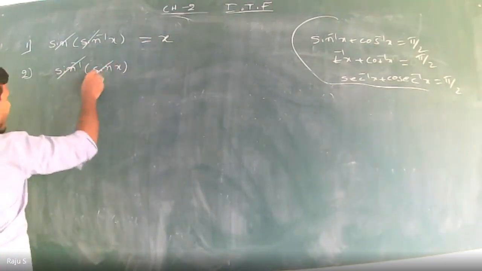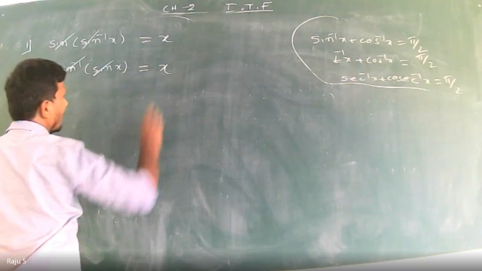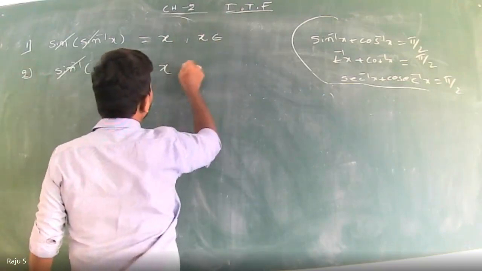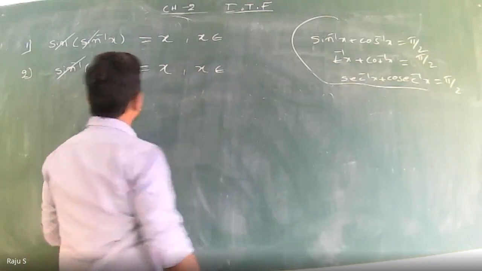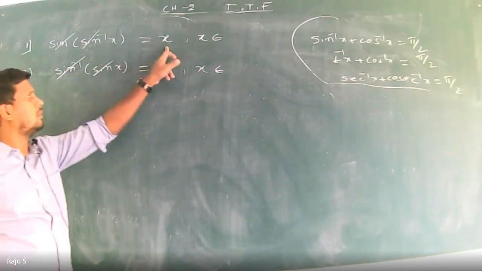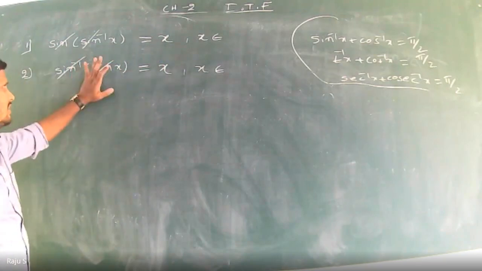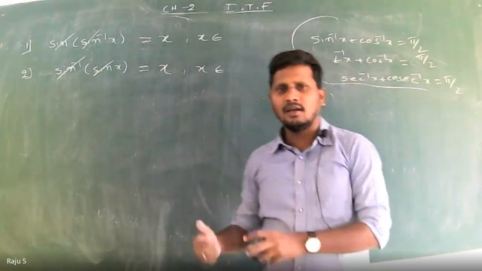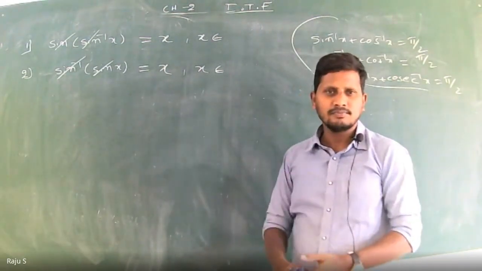But is there any difference? What does your x belong to? I said that sine and sine inverse cancel, and the output is x. In that case, do we get the same answer?